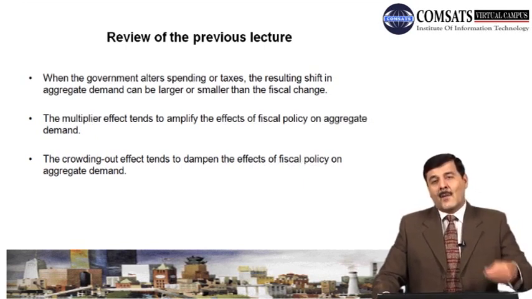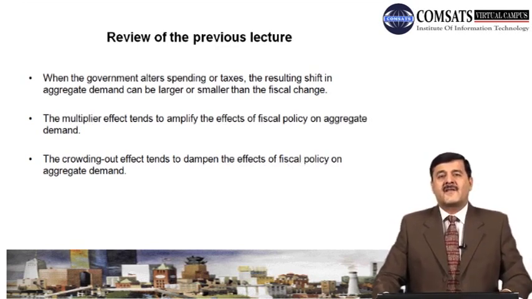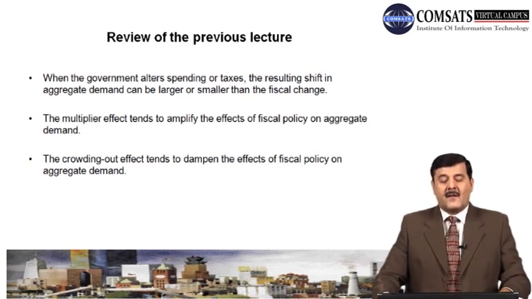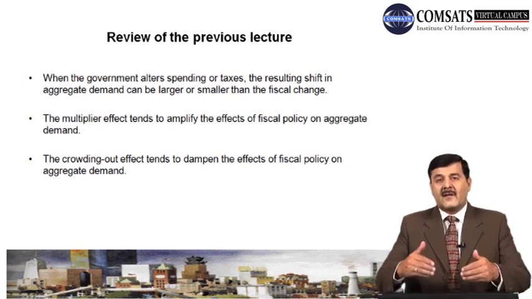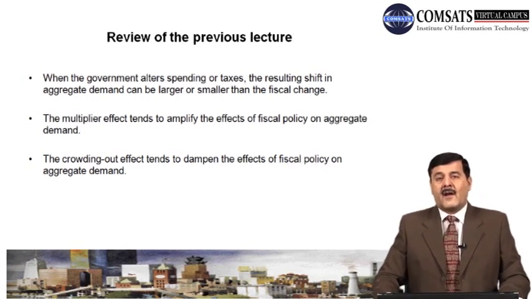This is known as the multiplier effect. So the multiplier effect amplifies the change in demand for goods and services in the economy. But the crowding out effect tends to dampen the effects of expansionary policy on aggregate demand. There is an increase in aggregate demand in the case of the crowding out effect, but not as much as we have in the multiplier effect. This is known as the crowding out effect.